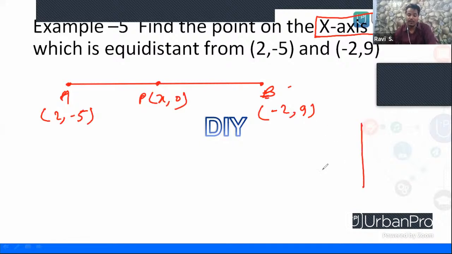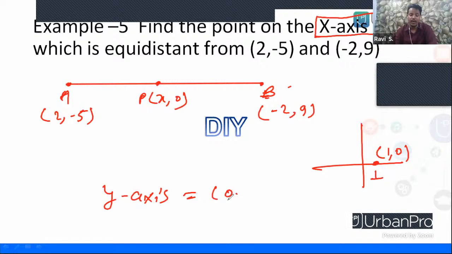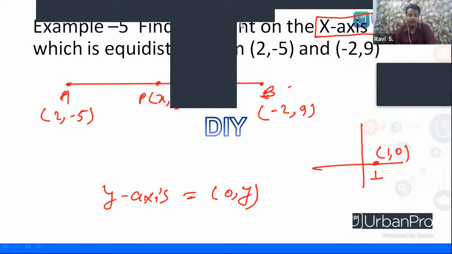Because when you draw the graph, suppose this is the point on the x-axis, what is the coordinate here? (1, 0). Because there is nothing on the y-axis. That's why if they ask you to find the point on the x-axis, simply write (x, 0). And suppose they ask you to find the point on the y-axis, then x will be 0 and there will be y. Now, I'm leaving it to you guys. You will solve it at your home.